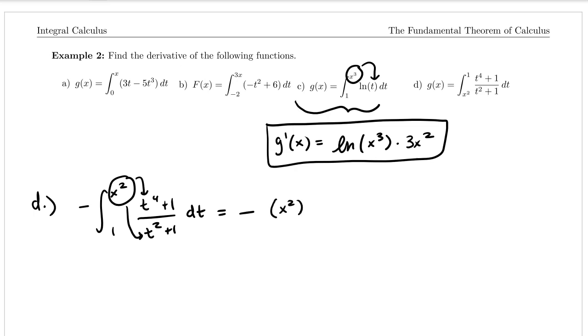So that would be x squared to the 4th plus 1 over x squared squared plus 1, and then I just need to make sure that I multiply this entire thing by the derivative of my upper limit of integration, which would be that. And once again, that gives us the same answer that we got previously. So that's a bit of a shortcut to getting our correct final answer.